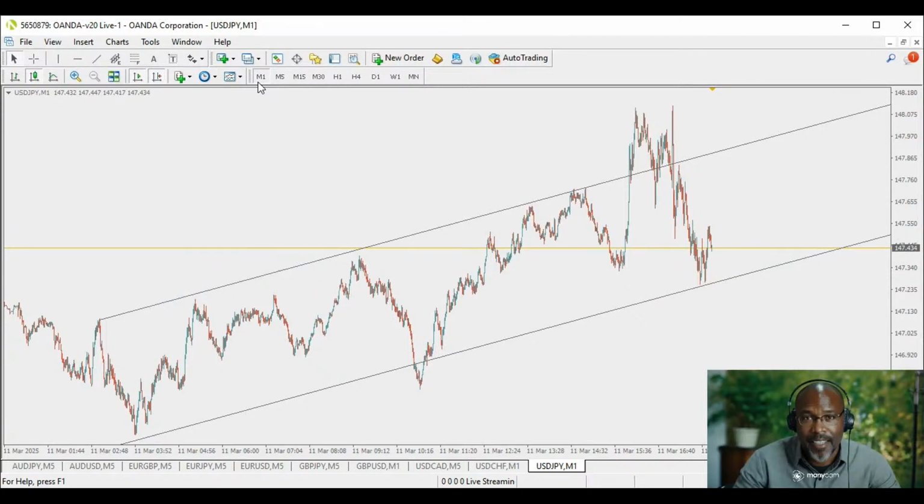And that might be when it falls, if it falls, to 147.35.